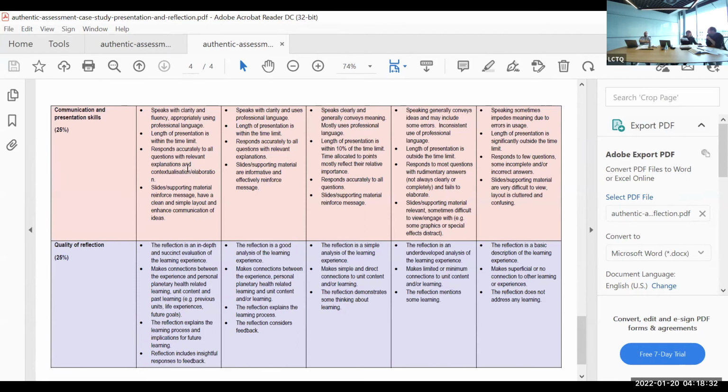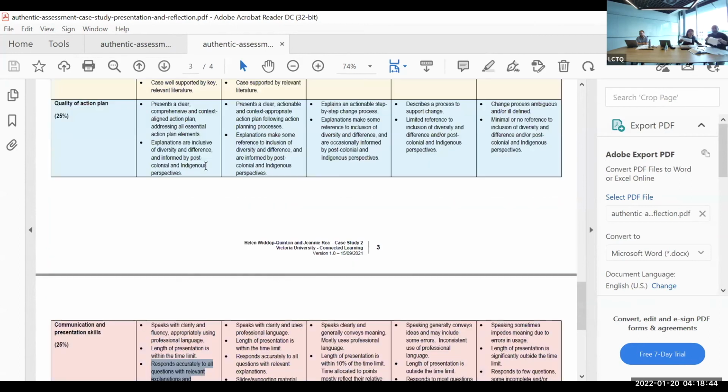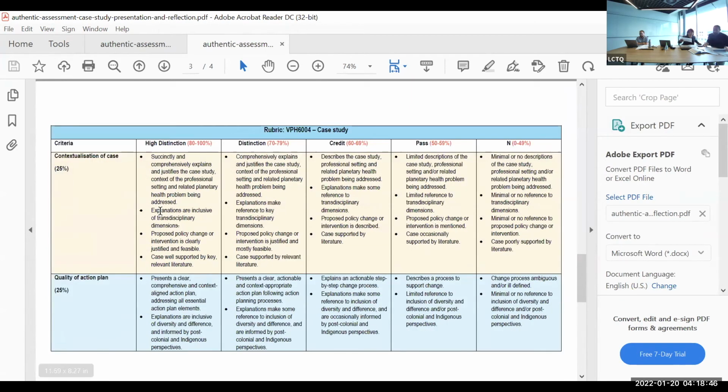If you look at this one here, is this point? Sorry, no, this is the contextualization. This is the case study, Ken. Yeah. Contextualization of case, yeah.